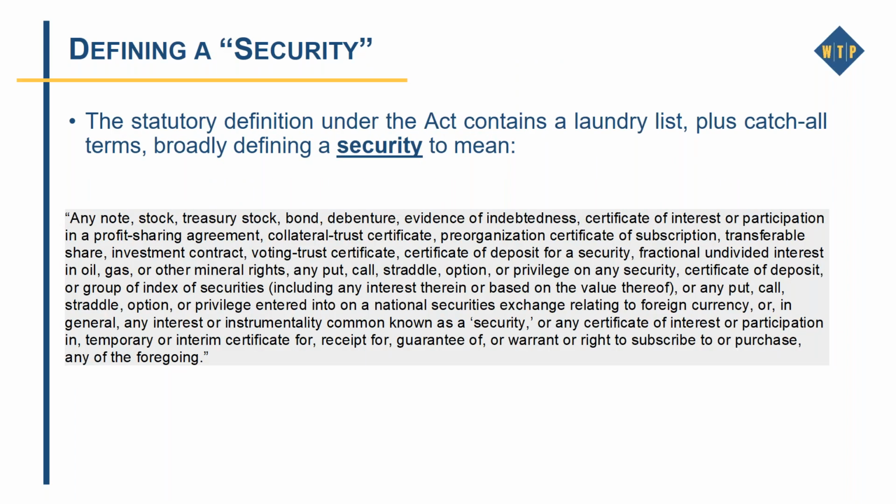So with those objectives in mind, we first have to answer the question of, what is a security? And it's a laundry list of things that constitute a security. I've given the excerpt here from the Act. I'm not going to read it in full, but the usual suspects: note, stock, bond, debenture, and a host of other things. The states largely follow the same definition.